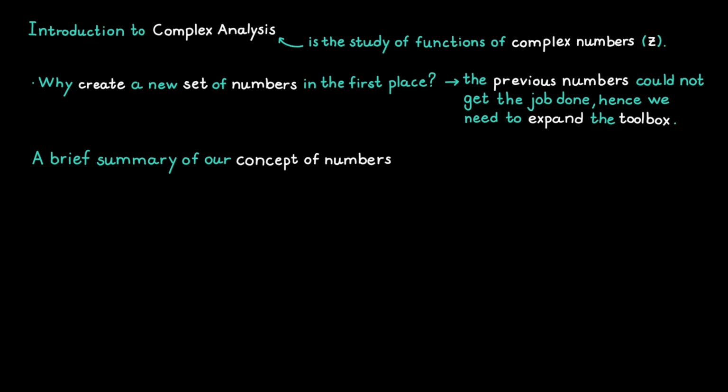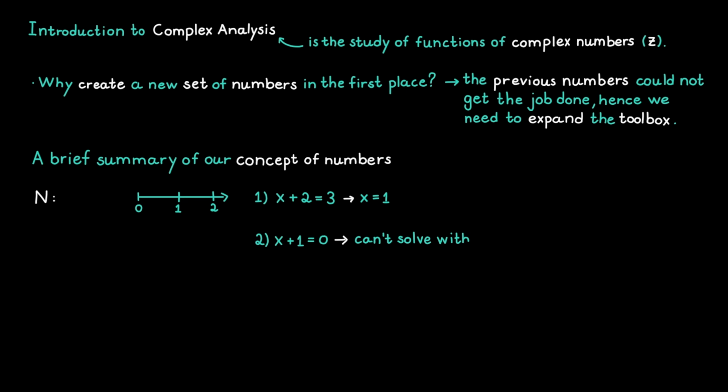In the beginning, we only had our natural numbers, 0, 1, 2, and so on, which we could use to solve problems like this one here. But eventually, we stumbled upon a problem that we could not solve, like this one here, x plus 1 is equal to 0. This is simply a problem that we cannot solve with the current set of numbers that we have.